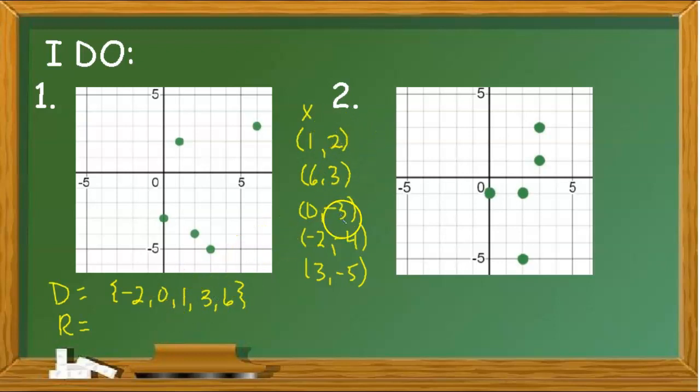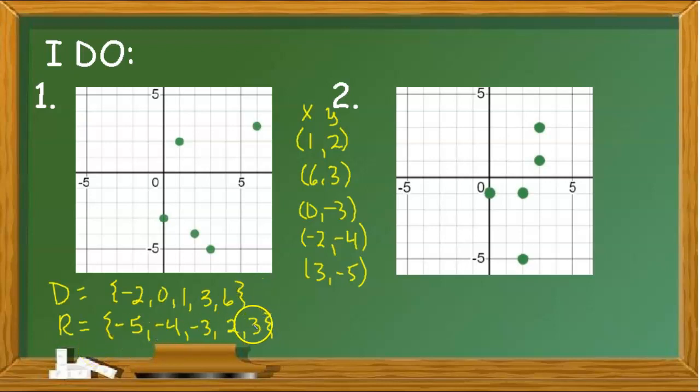The range then would be over here, your y values. And so again, -5, -4, -3, 2, and 3. And then we put them in the brackets. That means it is the set that contains these numbers.